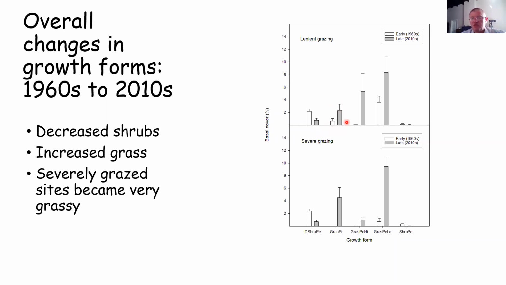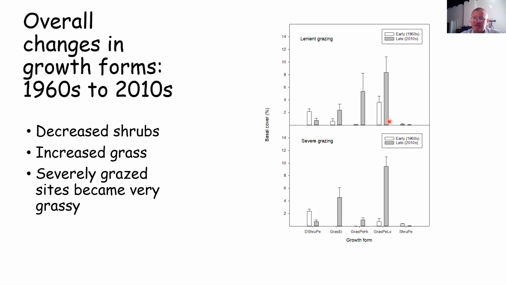Then short-lived grasses are the next pair of bars. They've increased probably by about threefold. And then the next two sets of bars are perennial shrubs and perennial grasses. And we can see phenomenal increases there in the abundance of these perennial grasses.